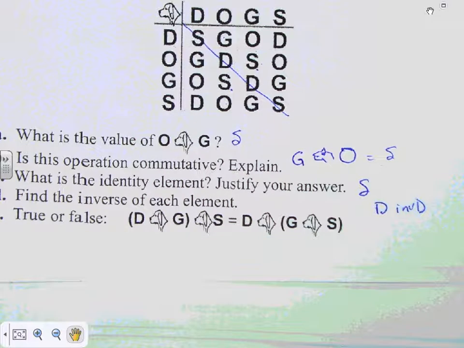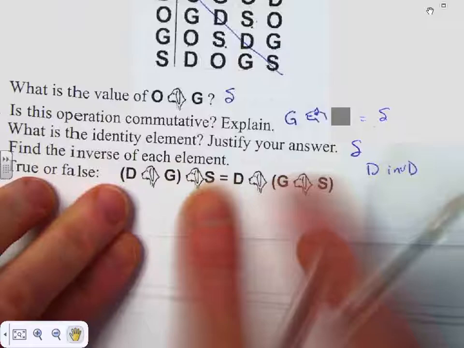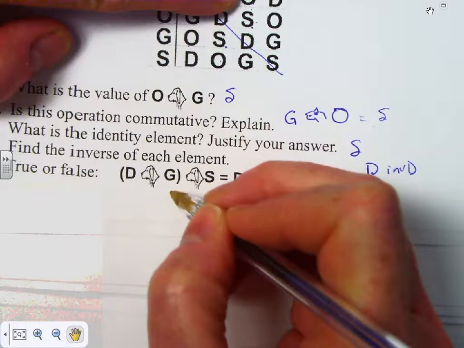All right, good. Now, is this statement true or false? D dog G, in parentheses, dog S is the same as D dog, parentheses, G dog S. All right, so D dog G is an O, right? What's O dog S?